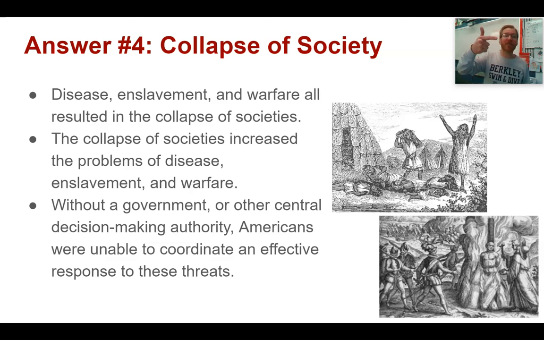So disease, enslavement, and warfare became a bigger problem because of the collapse of society, and society collapsed even more as disease, enslavement, and warfare spread. Without this decision-making authority, Native Americans really could not coordinate effective responses to those threats. So number 4 is the collapse of society as a whole.